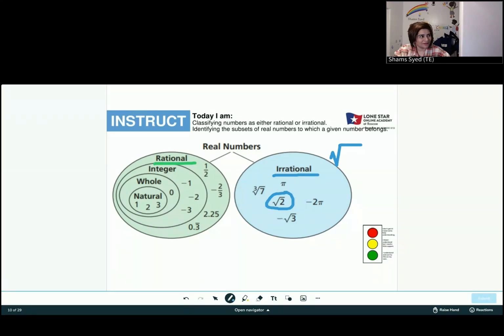Okay, let's go to the calculator and see. Square root. Blessing, square root, right? So let's see. Go to the calculator and find the square root of 2. Share in the chat. Let me see who are the first 5 people who will get the answer for the square root of 2.